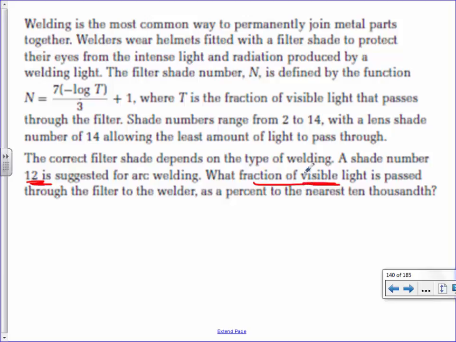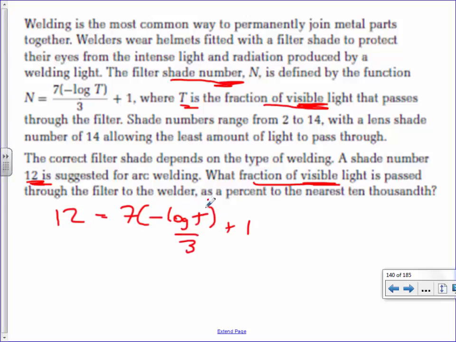As I read this, T is the fraction of visible light based on N. N is the shade number. So essentially this is a 12, and we have to solve for T.